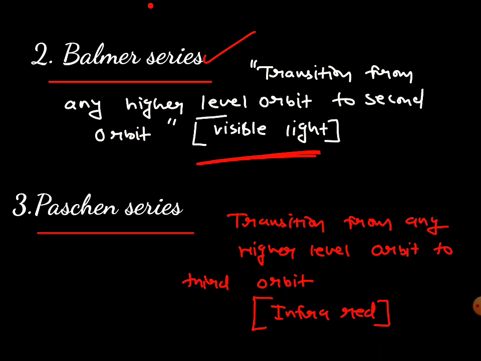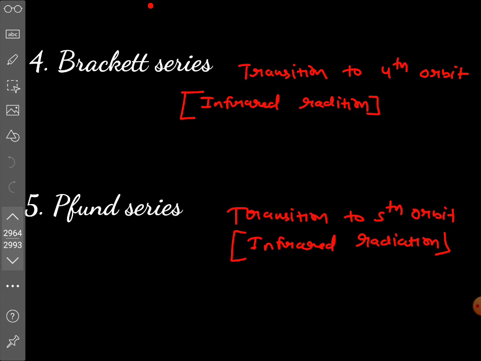And then the third series is the Paschen series. In this series the radiation comes under the infrared region, and whenever the electron makes a transition from any higher orbit like 4th, 5th, 6th, 7th and so on to the third orbit, the emitted series is the Paschen series, in the infrared region. Similarly, the Brackett series is also in the infrared region, and the Pfund series is also infrared.